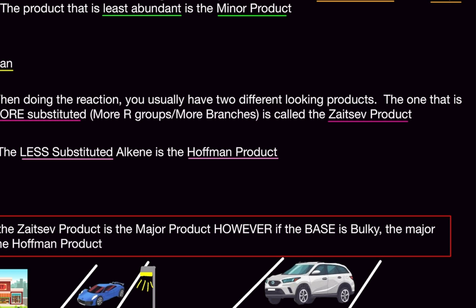So imagine your car is a very bulky base. It does not want to fit in the small parking spot. It's not really convenient. You still can fit in, but you have to go all the way to the back. It's not really ideal, right? It's kind of like Hofmann. It's not really stable. You don't really want to do that. It's not really safe. You could be mugged in the middle of the night walking to your car. But it's the only option you have because you have a big car, right?